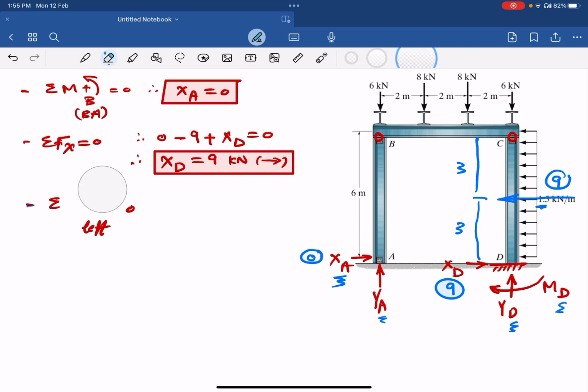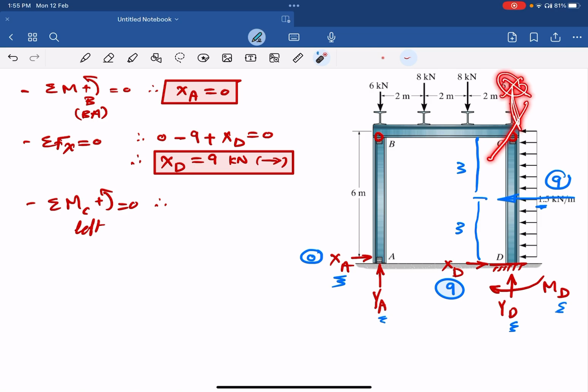Just to be consistent, let's use, similar to what we did the first time, summation of moment at C. Let's assume counterclockwise is positive, for the left side equals 0. How many forces do we have here? If we take a moment here, this force will be eliminated because it is at the same point.